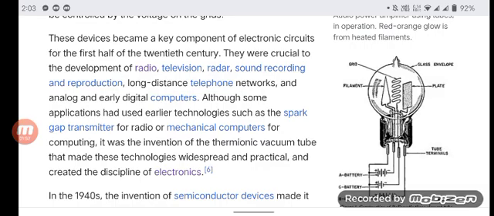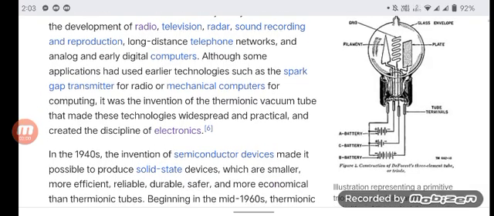Although some applications had used earlier technologies such as the spark gap transmitter for radio or mechanical computers for computing, it was the invention of the thermionic vacuum tube that made these technologies widespread and practical and created the discipline of electronics.